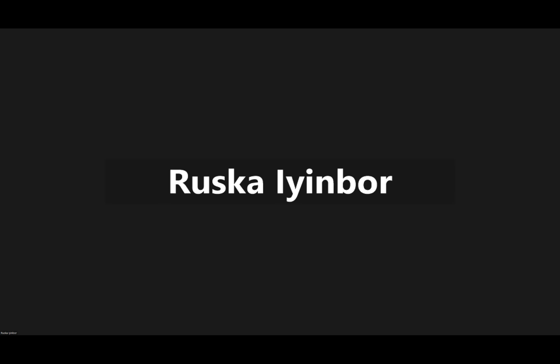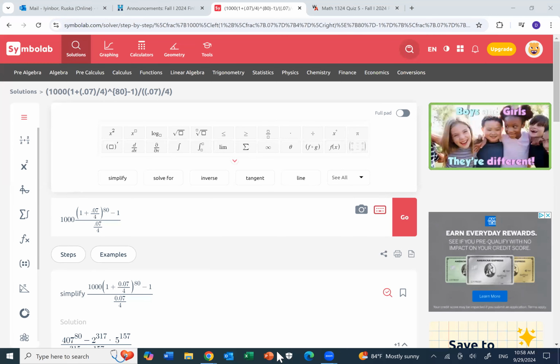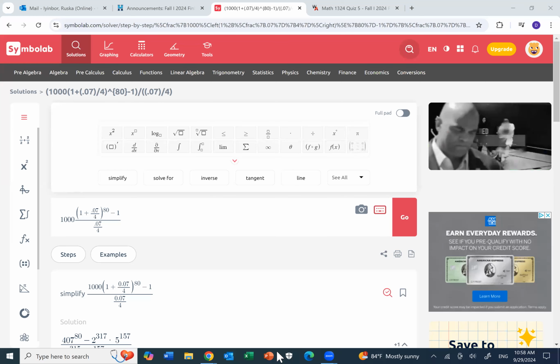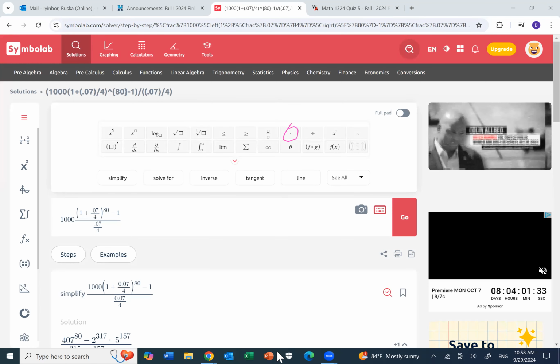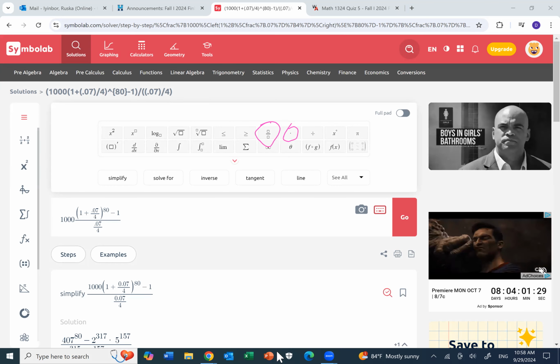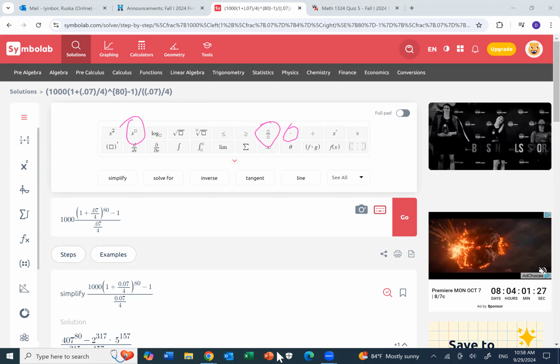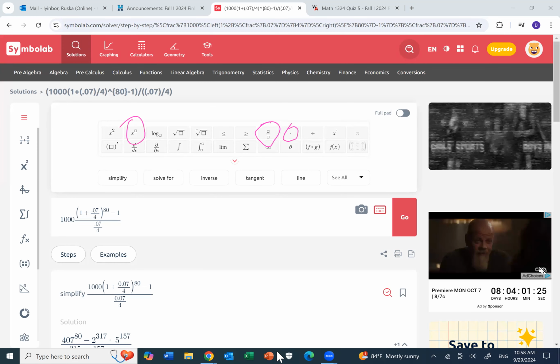I accidentally stopped sharing. Okay, I'm just going to annotate here. If you want to do multiplication, you press this. If you want to do a fraction, you press this. If you want to do an exponent, you press this. Those are the things I'm pressing.